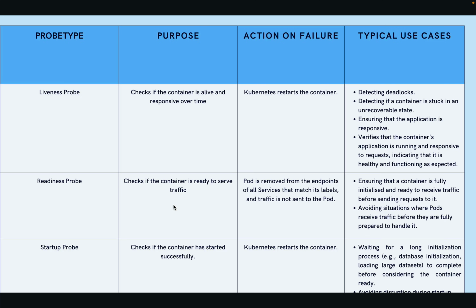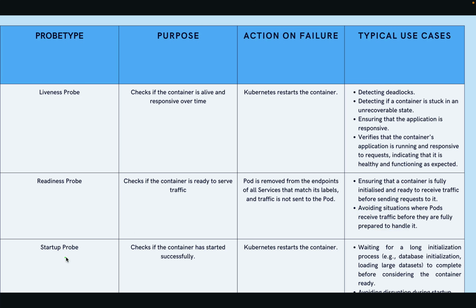If the application is not ready, what action is it going to take? It is going to remove that pod, or that container, from the endpoint list, and it is not going to send the traffic to that pod. Typical use case: ensure that a container is fully initialized and ready to receive the traffic. Avoid situations where pods receive traffic before they are fully prepared to handle it.